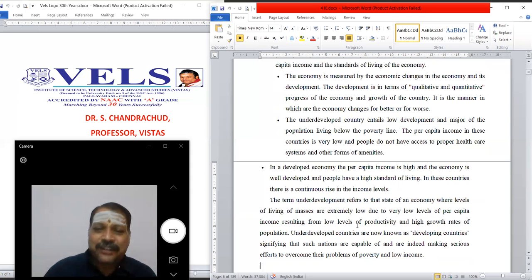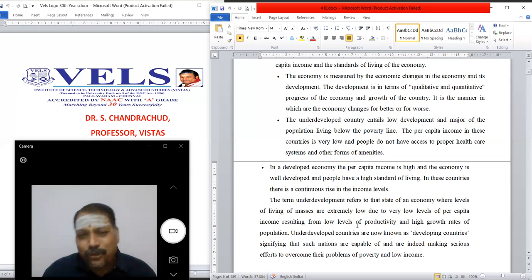Instead of saying underdeveloped countries, they are now using the term developing countries, a positive approach. But it signifies such nations are capable of, and indeed make, a serious effort to overcome the problems of poverty, because they are having low per capita income.